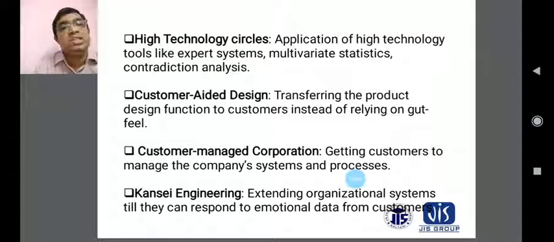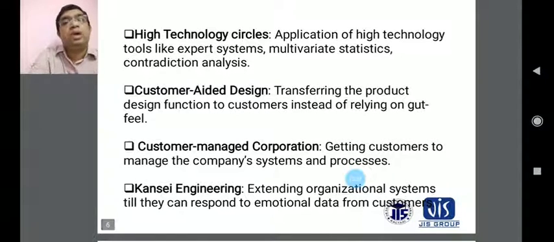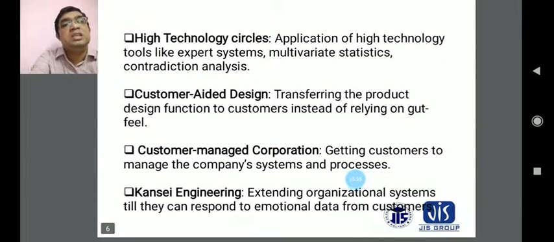Customer managed cooperation will also be required. Your customers need to be managed so that no dissatisfaction comes from your products. With full customer satisfaction, your product will be launched and sustained in the long run, and it is very easily sustainable for the environment.